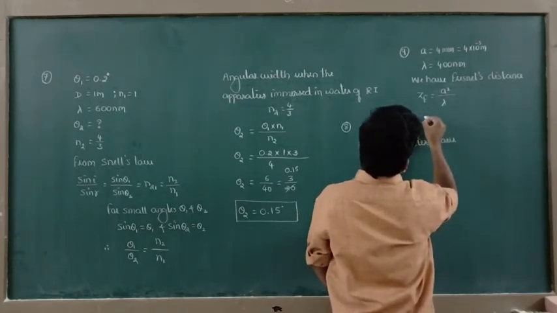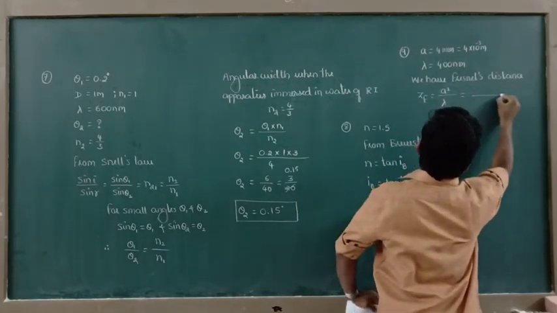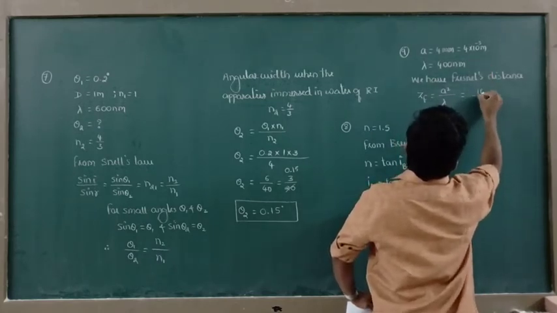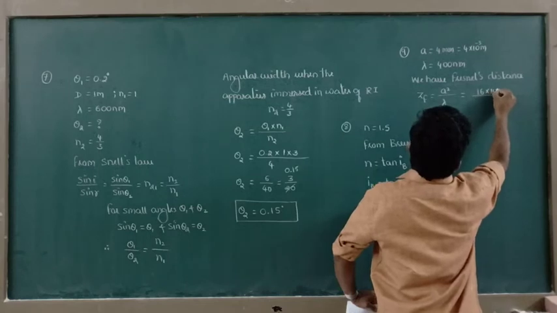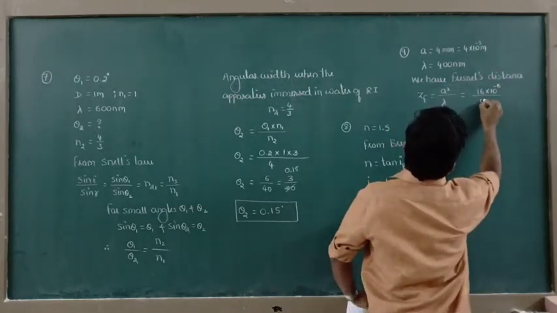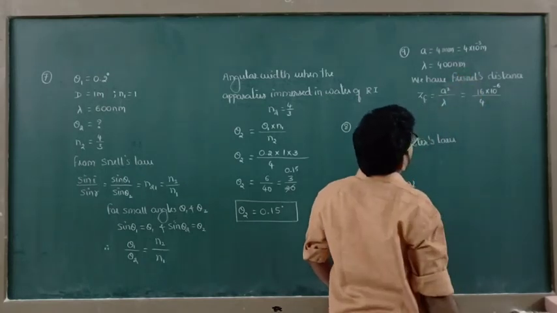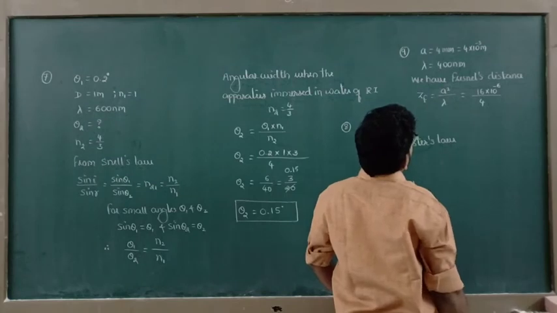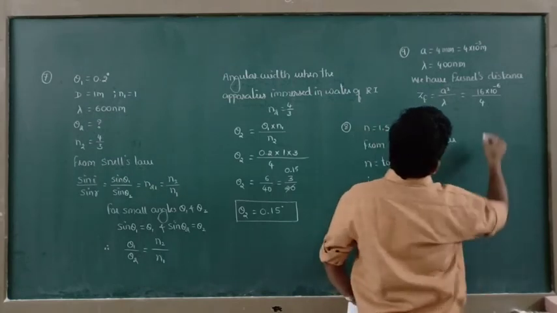Then Fresnel distance is equal to a square, that is 4 into 4, 16 into 10 to the power minus 6 divided by 400 into 10 to the power minus 9. 4 into 10 to the power plus 2 into 10 to the power minus 9 is equal to 10 to the power minus 7.